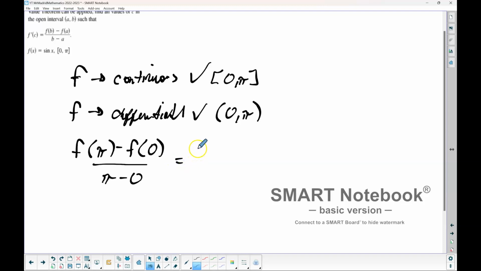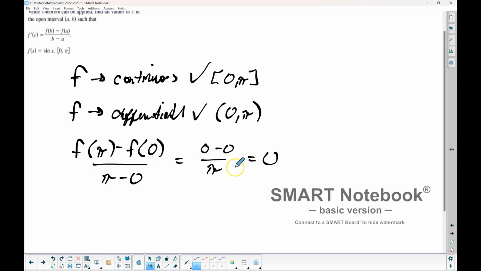Once you evaluate it, this gives you 0 minus 0 over pi. How do we know that? Because sine of pi is 0, and sine of 0 is 0. So therefore, the secant line has a slope of 0.